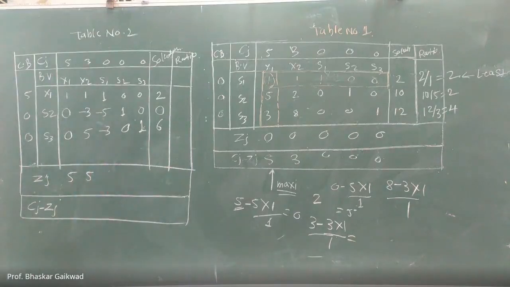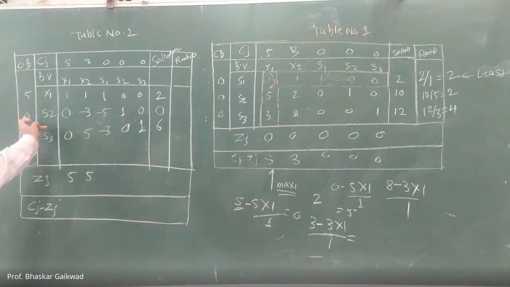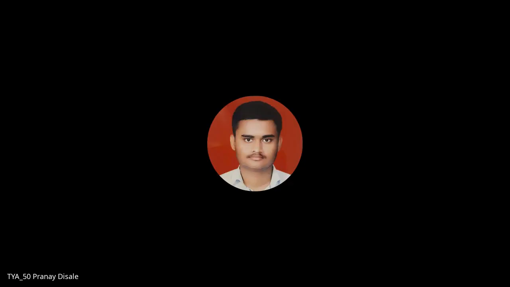Now you come here, third column. What should be here? 5 into 1 plus 0 into minus 5 plus 0 into minus 3. How much here? Again 5.